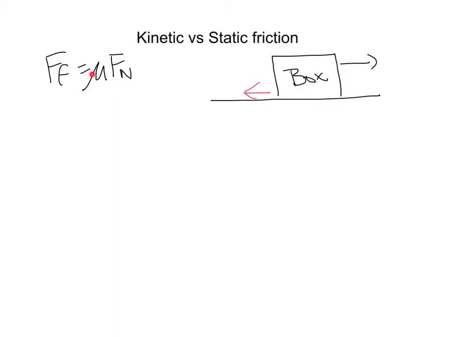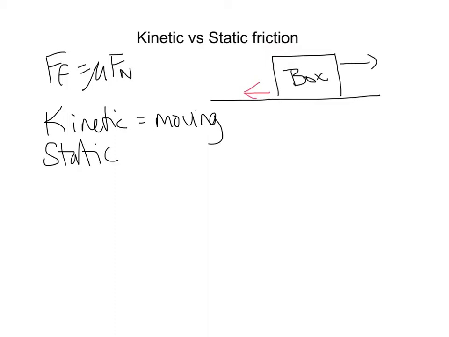And then this mu variable is the coefficient of friction. Now, that coefficient of friction technically is either going to be kinetic friction or static friction. Definition-wise, kinetic friction means the two surfaces are moving relative to one another, whereas static friction means the two surfaces are static or stationary, not moving relative to one another.